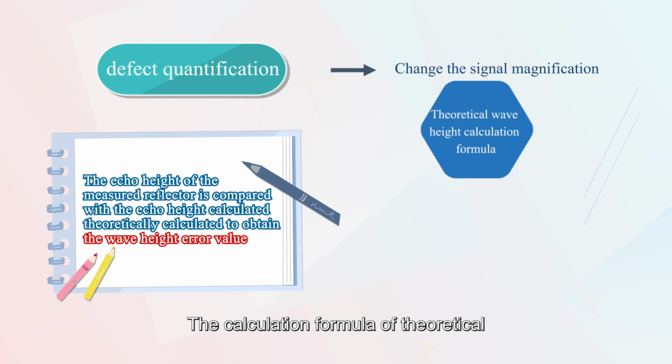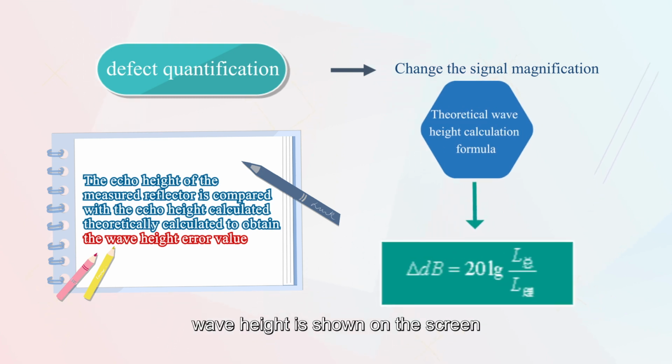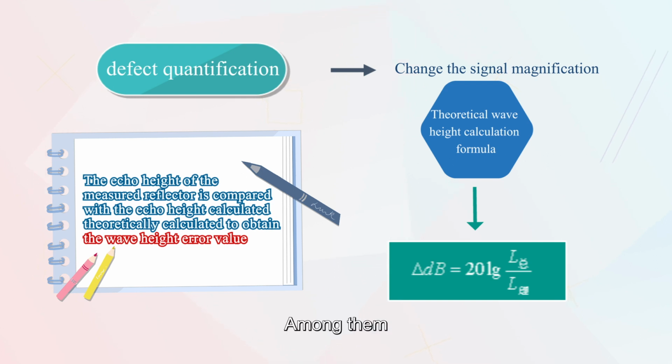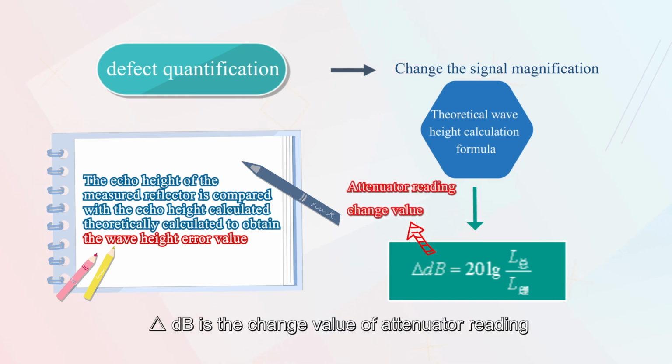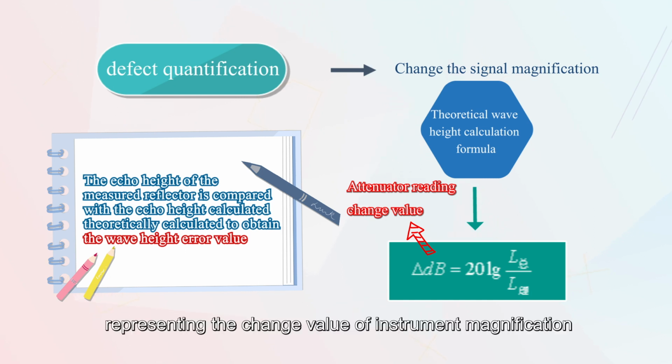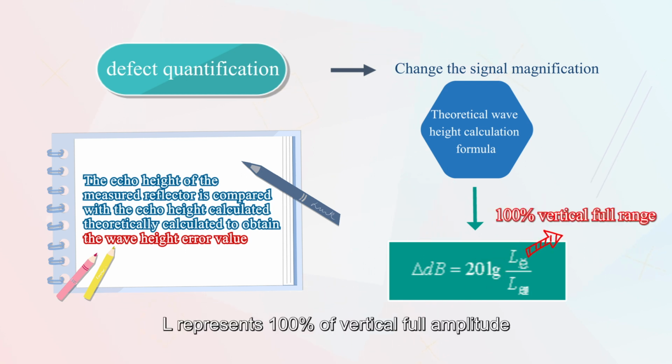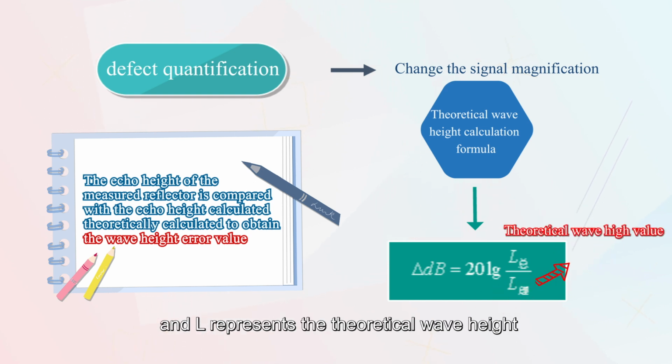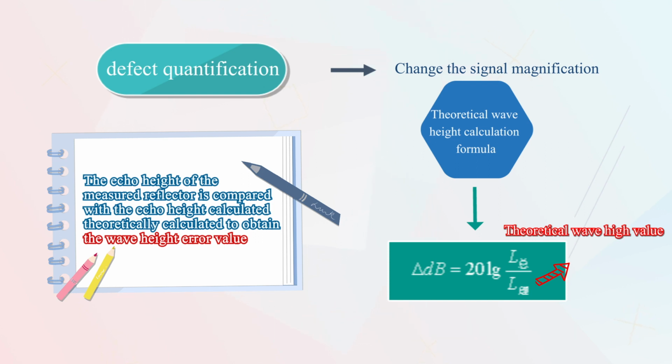The calculation formula of the theoretical wave height is shown on the screen. Among them, delta dB is the change value of the attenuator reading, representing the change value of the instrument magnification. L0 represents 100% of vertical full amplitude, and L represents the theoretical wave height.